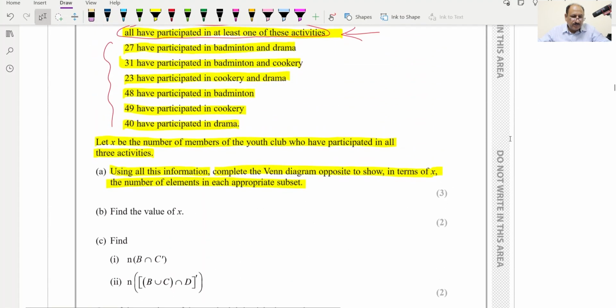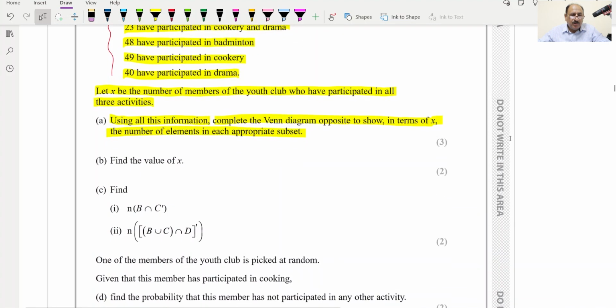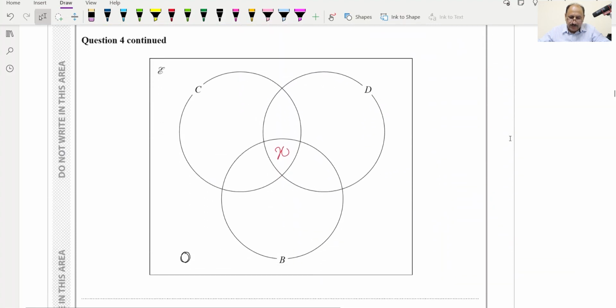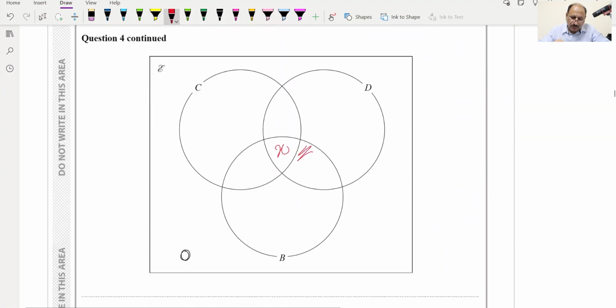What is the other information? 27 have participated in badminton and drama. So badminton and drama is this whole region. So it will be 27, and this x is already gone out from 27, so we'll write 27 minus x.